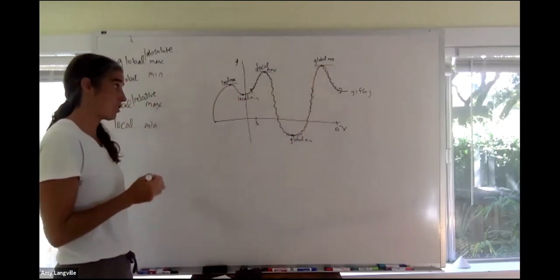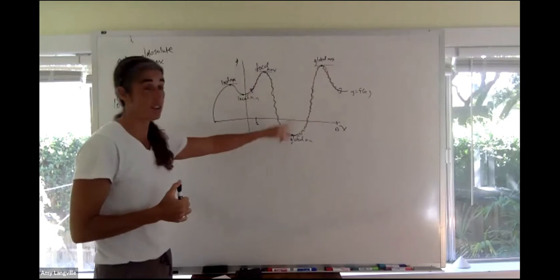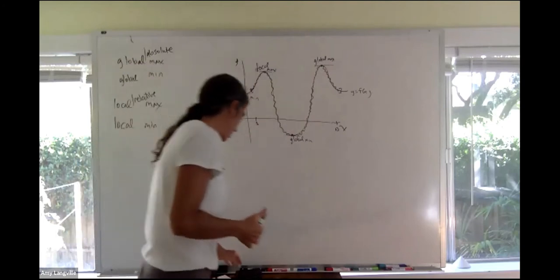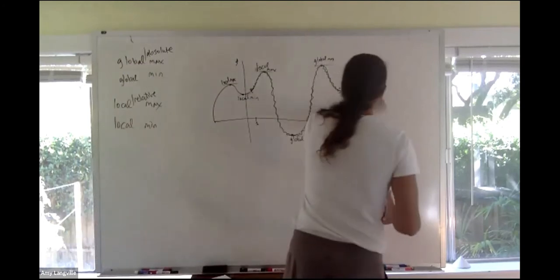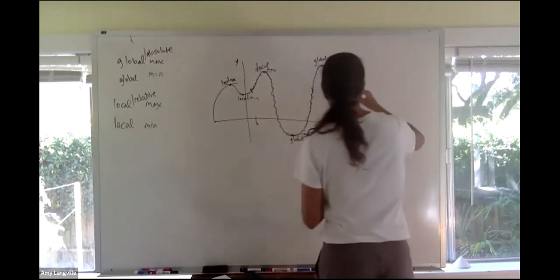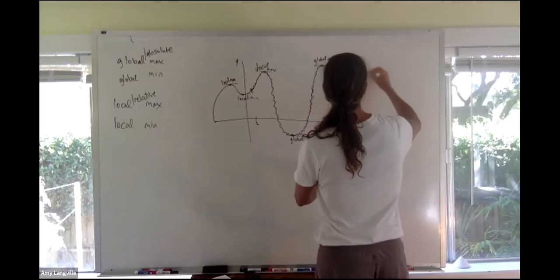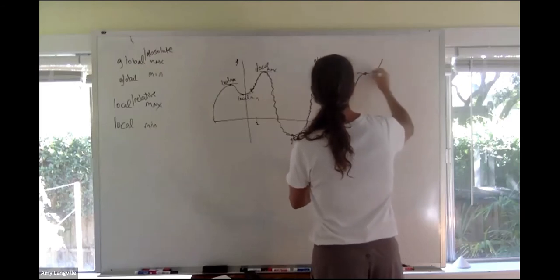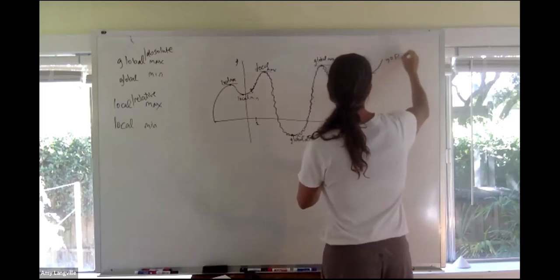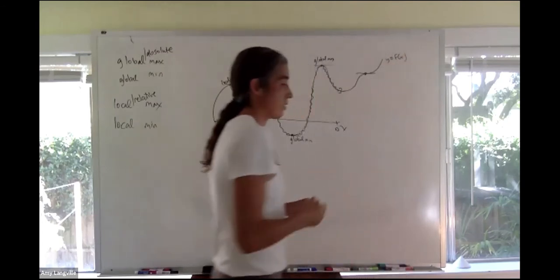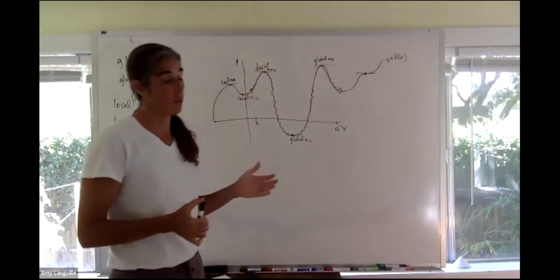It just so happens on this graph that every critical point is an extrema. But had I made the graph do something like this over here, continue on, and let's say it goes like, here's a critical point. That's not a max or a min. It's not a local max, not a local min, it's not a global max, global min.